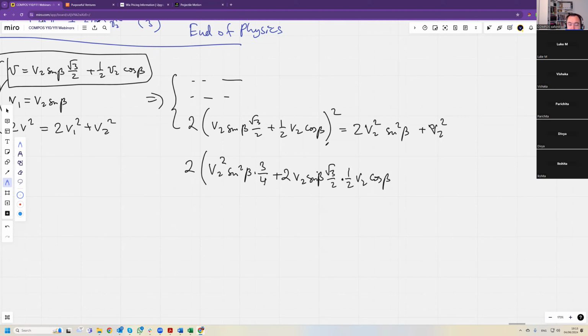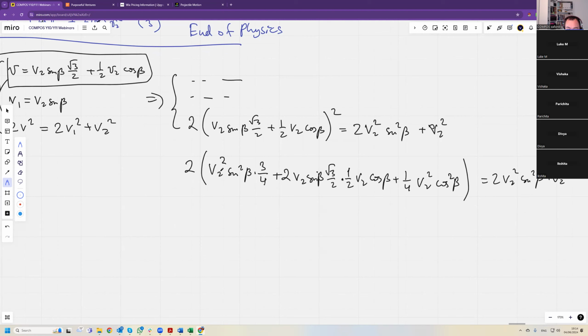So I'm just using the square of sum formula, plus 1/4 v2 squared cos squared beta equals 2v2 squared sine squared beta plus v2 squared.